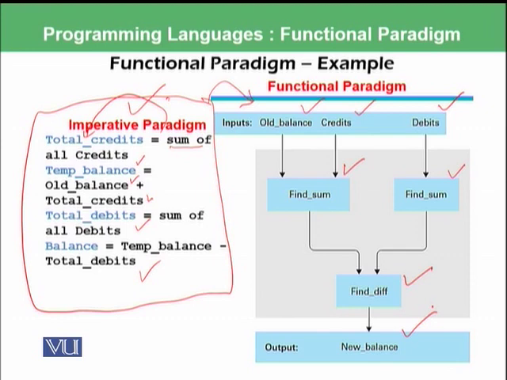So by reading all of these instructions, instruction number 1, 2, 3, 4, it was a little bit difficult to realize and organize the thoughts that this is a program that accepts three inputs and gives one output of new balance.